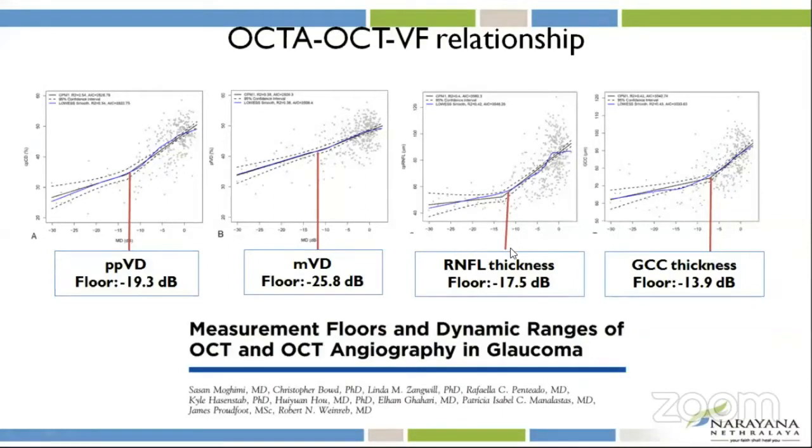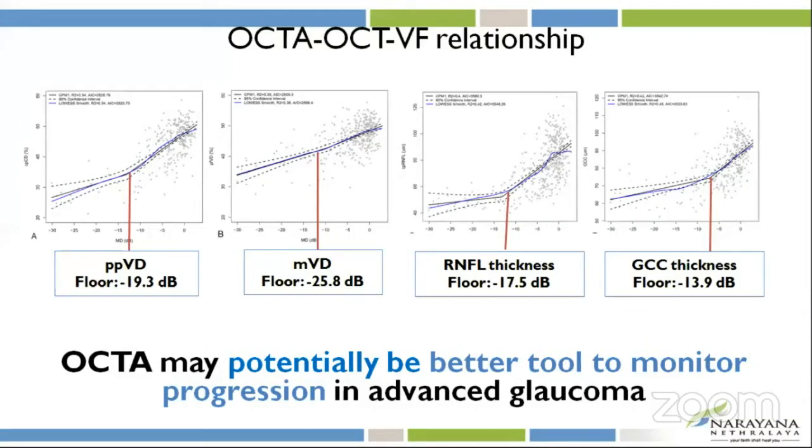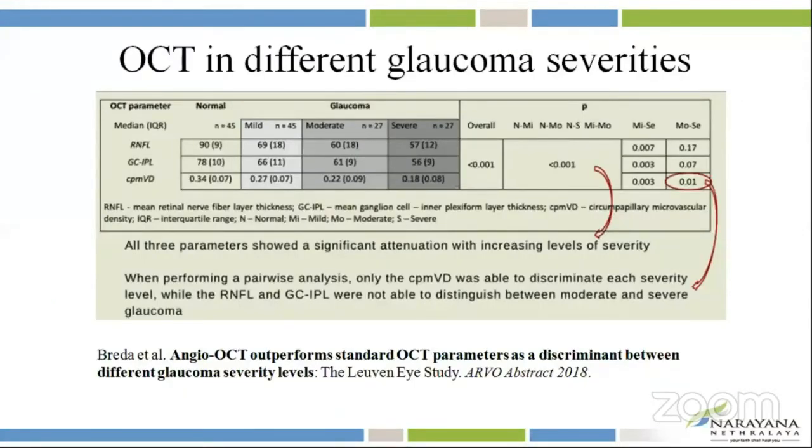In this study, we can see that the RNFL thickness and the GCC floor were at lower levels, minus 17.5 and minus 12.9. But compared to that of OCTA, the floor level was much lower, minus 25.8. So what does this mean? This means that OCTA may potentially be a better tool to monitor progression in advanced glaucoma.